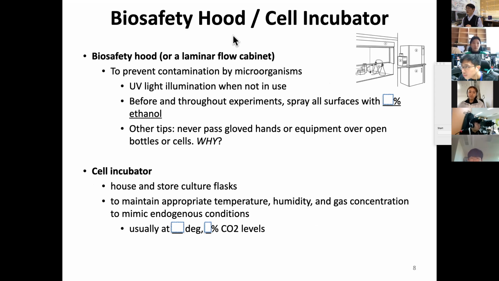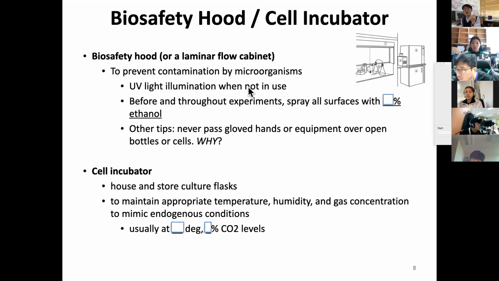So let's talk about this a little more, biosafety hood and cell culture, okay? This is called a biosafety hood or laminar flow cabinet. You have to work inside; at least you put only your hands into here. To prevent contamination by microorganisms, when you are not using it, we shine UV light. So turn on the UV lamp when not used.